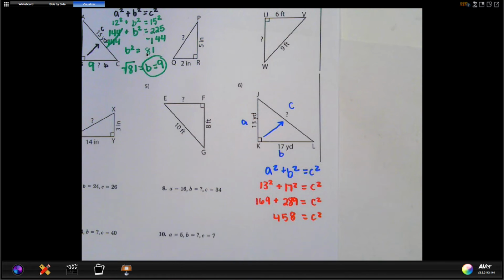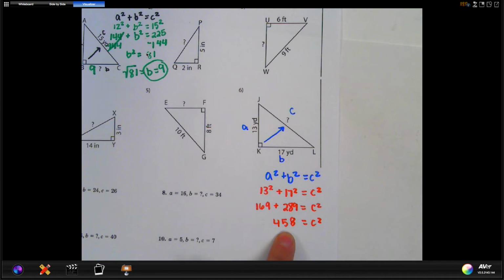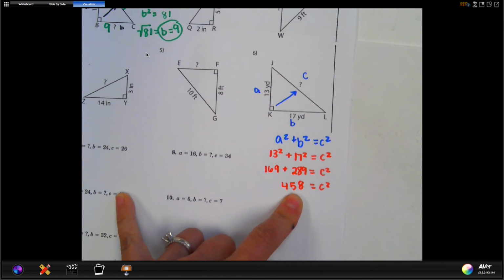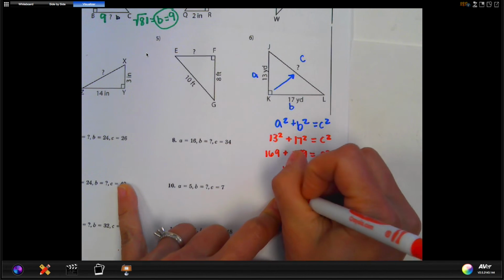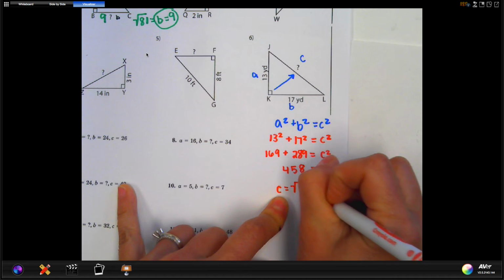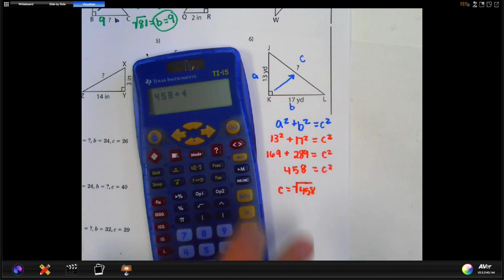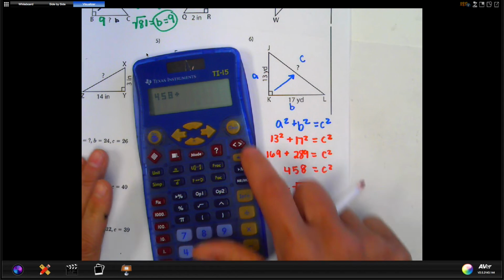Okay, and that's not our final answer yet. This is saying a number times itself is 458. Now, it's hard to do that in your head, so you want to use your calculator here. So, c is the square root of 458, and then we've got to see what that equals. So, using your calculator again, let's do that.